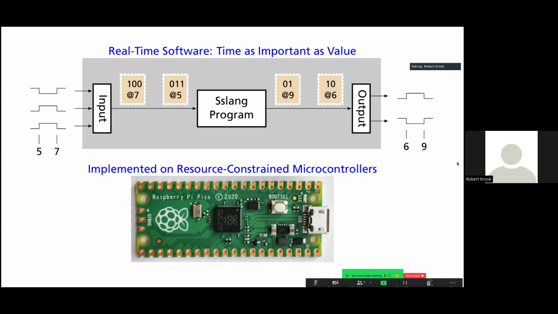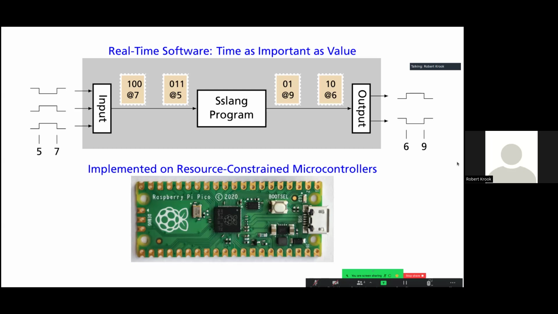Now, broadly, it's going to look something like this. We're going to take in events from the outside world, think of them as inputs on GPIO pins or something like that. Ultimately, we're going to timestamp each one of those. The input changes to 1, 0, 0 at time 0, or to 0, 1, 1 at time 5, and then changes again to 1, 0, 0 at time 7.